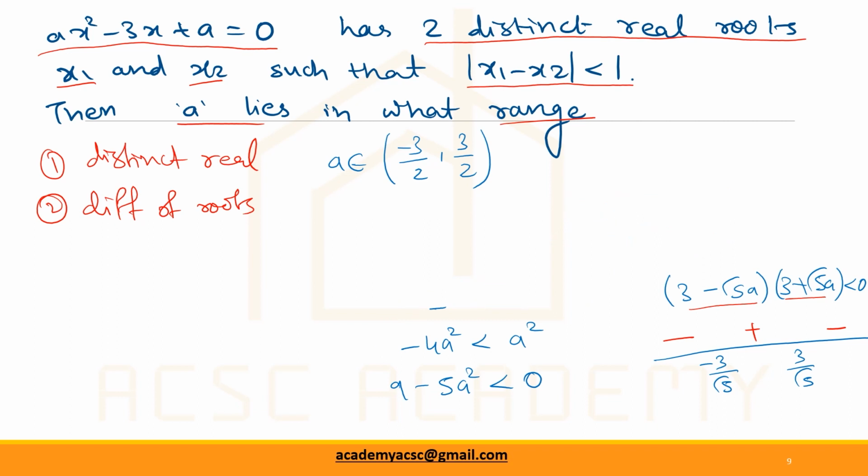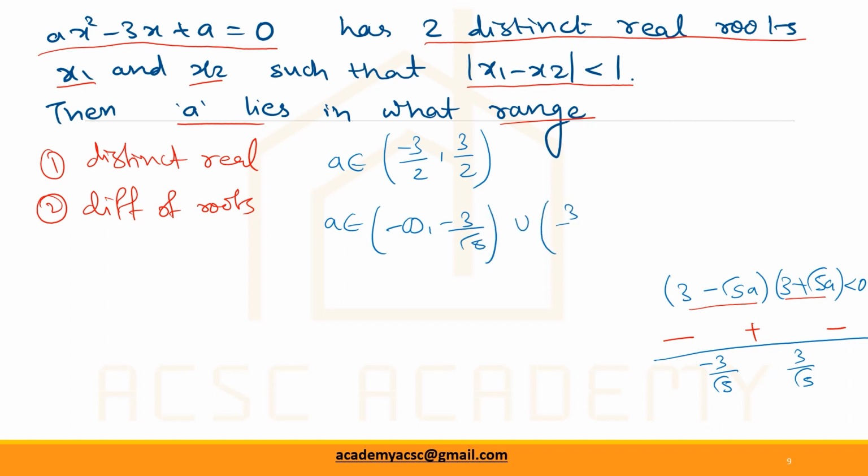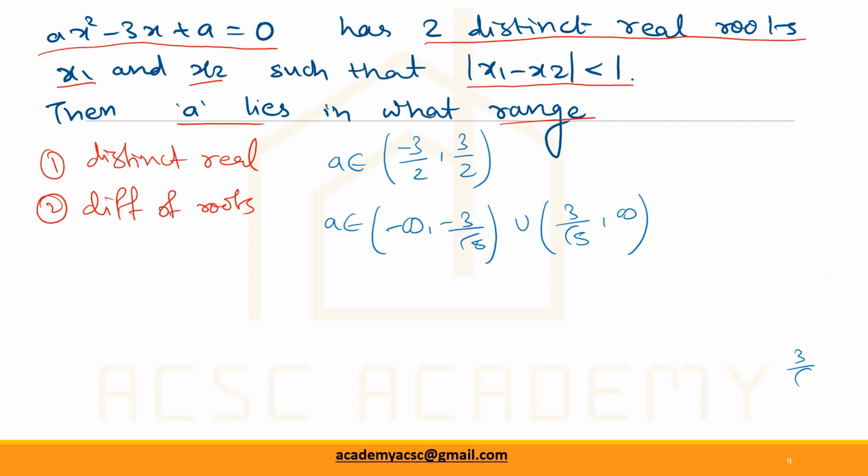So here there are two portions of the line that we are interested in, and that gives us the range of a as minus infinity till minus 3 by root 5 union 3 by root 5 till positive infinity. So these are the two ranges of values of a that we have got, but now we will be required to take the intersection of these two.